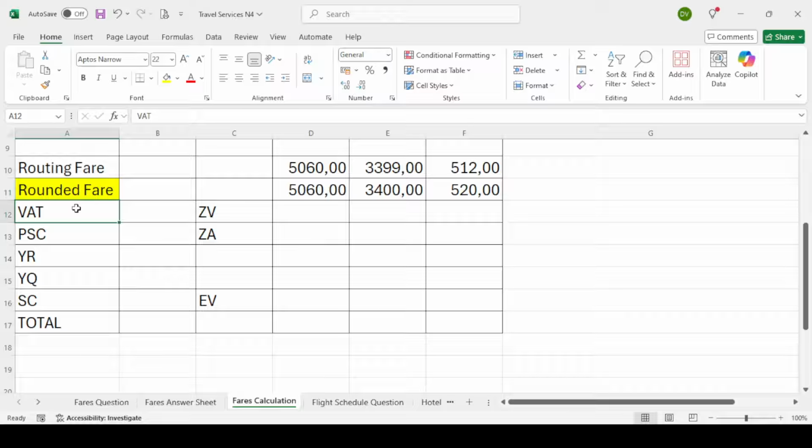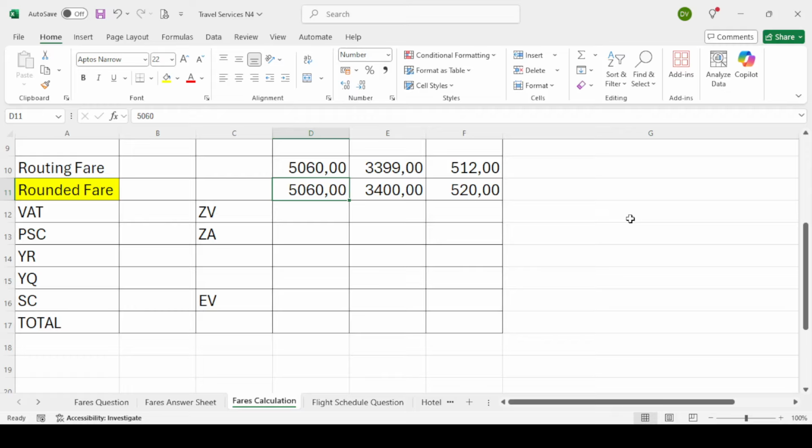The VAT, we have to work out the VAT. We work out the VAT on the rounded fare, not the routing fare. You're going to work it out on the rounded fare. We know that it is 15%. That is the going rate in South Africa for VAT. So you simply take your amount, you multiply with 15%, and this gives you the VAT value.